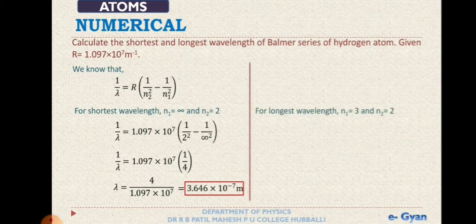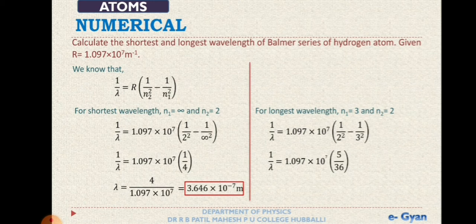Now what is the maximum wavelength? The longest wavelength is obtained for the transition from third level to second level, that is n1 is equal to 3 and n2 is equal to 2. So using the same formula, we have 1 upon lambda is equal to 1.097 into 10 to the power of 7 into 1 by 2 square minus 1 by 3 square.